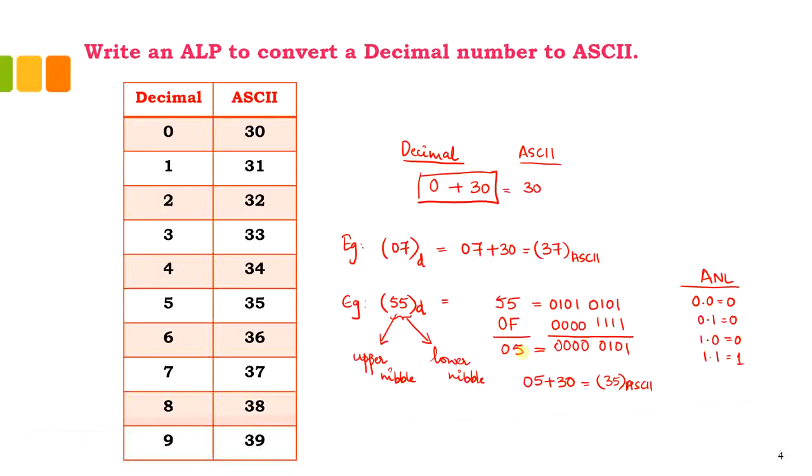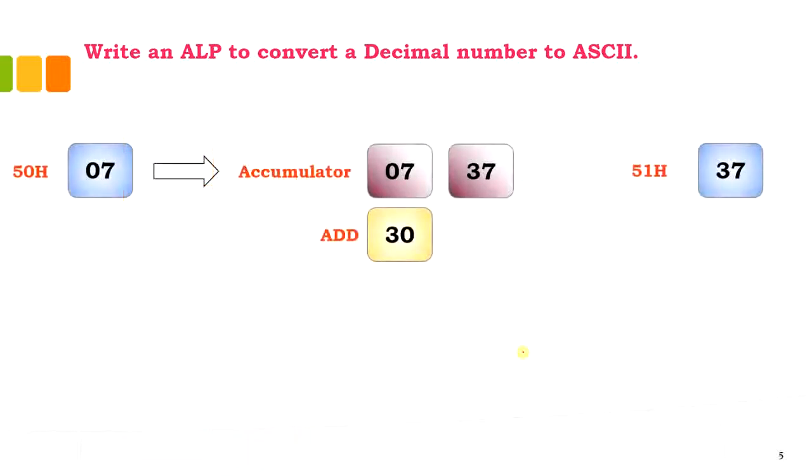So with this logic, let us look into the understanding of the program. Here what we are going to do is consider the input to be stored in the memory location 50H, and the input that we are going to enter is 07.